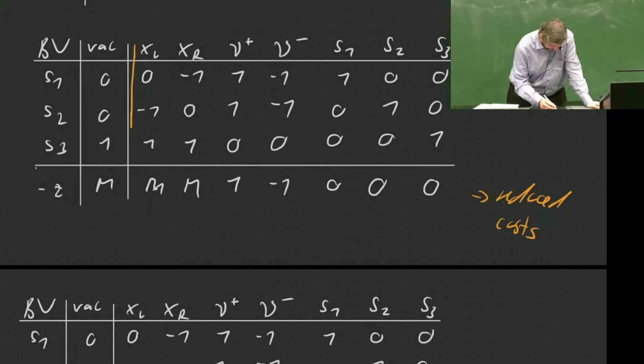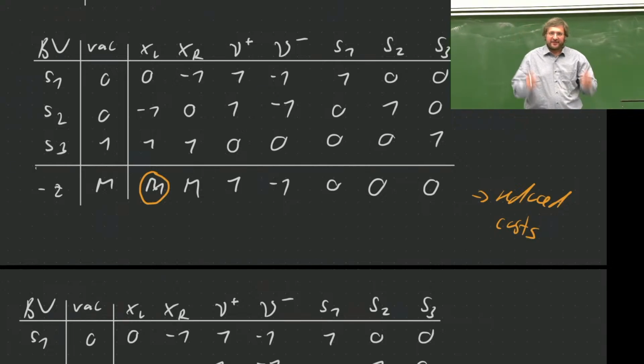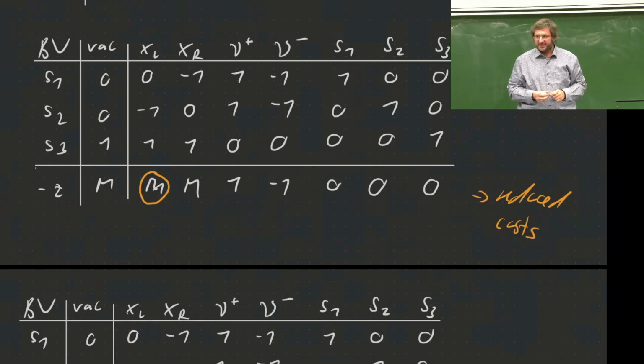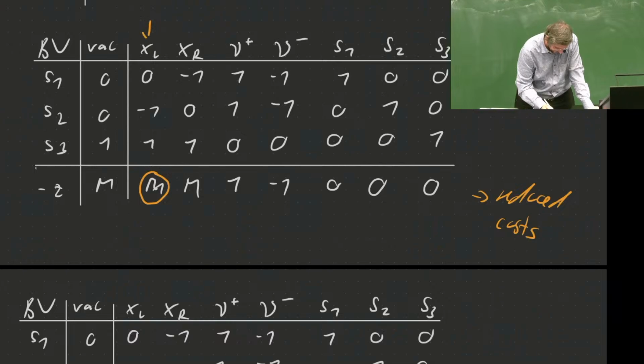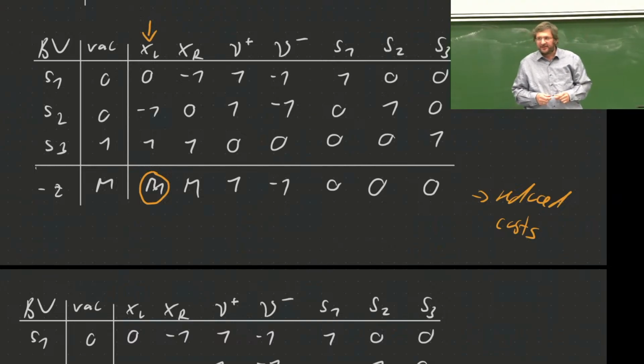So that means, maybe let me mark that instead. So we choose this column here. That means you want to get this XL variable into the basis. Right? I'll signify that by drawing an arrow up here. So that means I want XL in the basis. It will enter the basis.